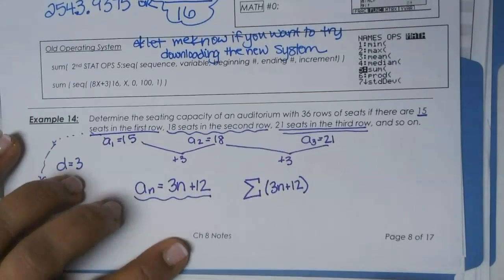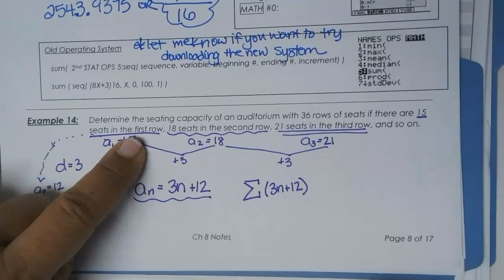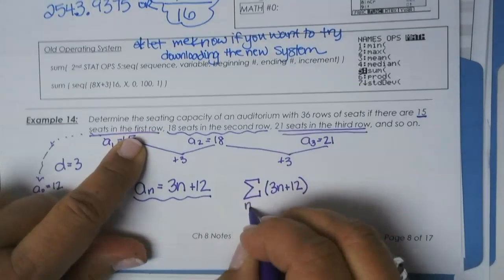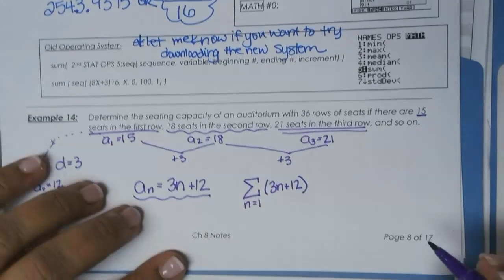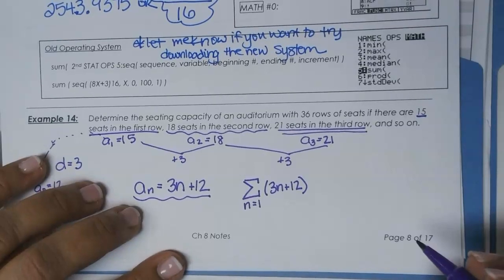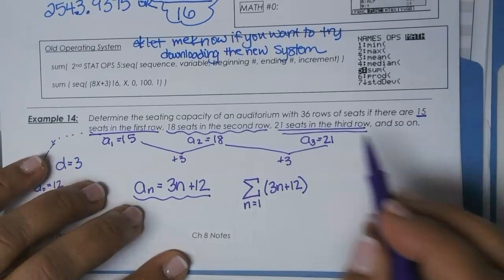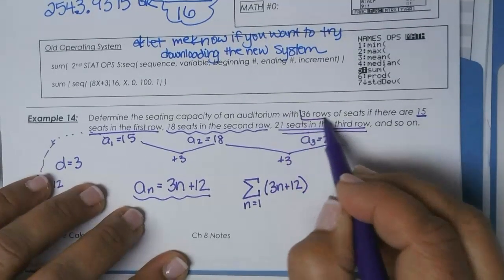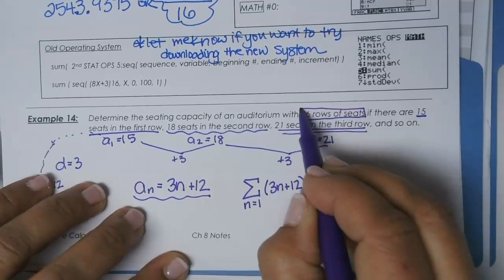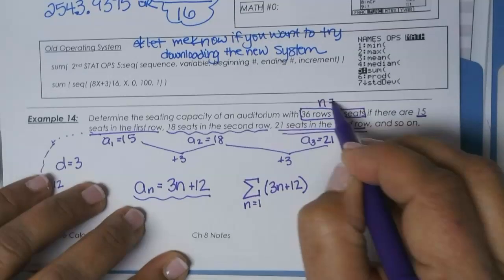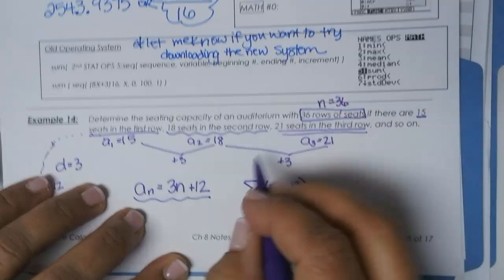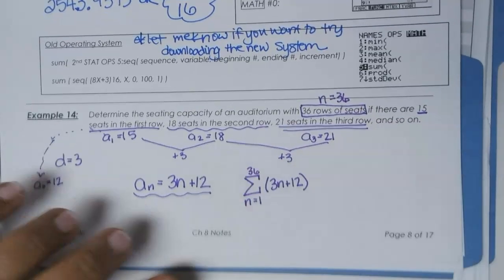We're starting with the first row, so that means that we're going to start with 1. But where do we end up? Well, it tells us here that we have 36 rows of seats. So that means that n is going to be 36.